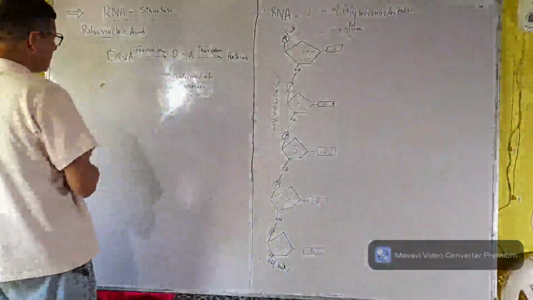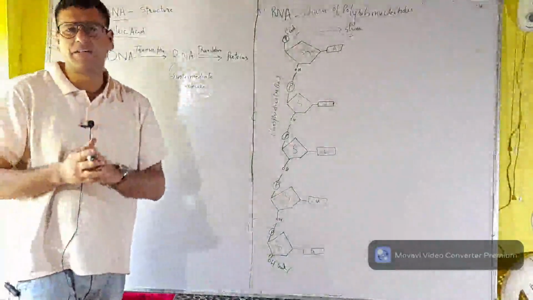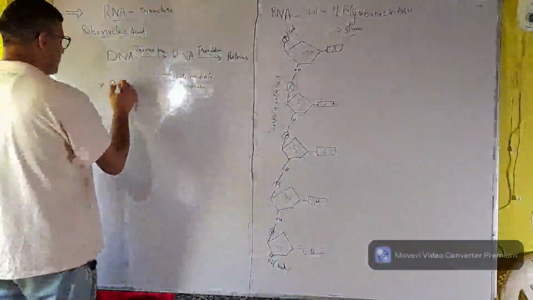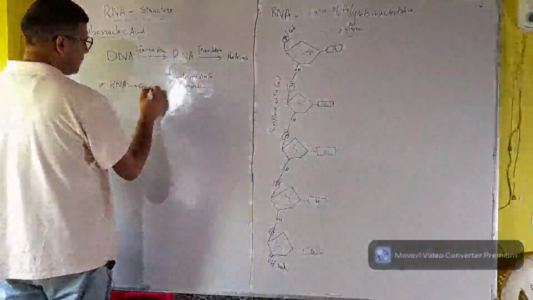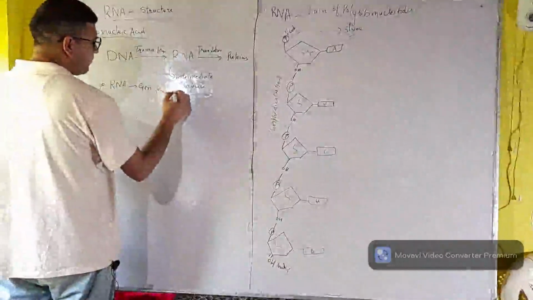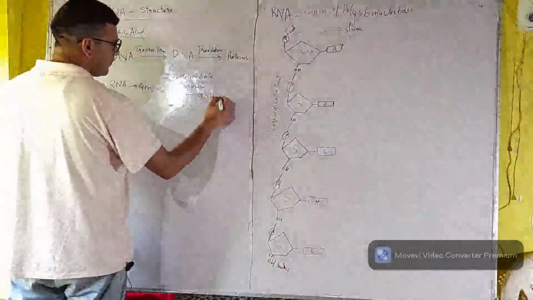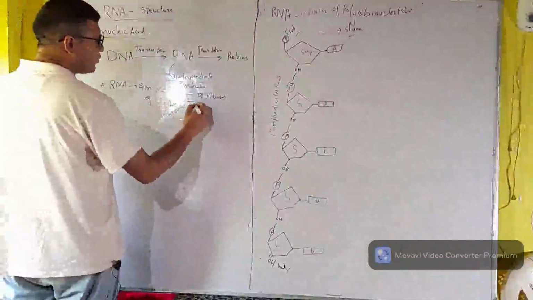Then this RNA was found as genetic material in most plant viruses. For example, we have tobacco mosaic virus and tomato mosaic virus.